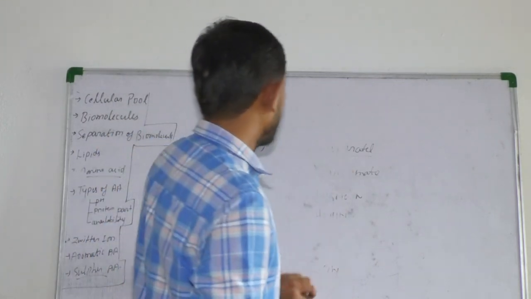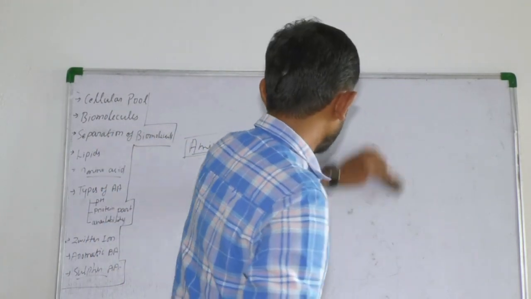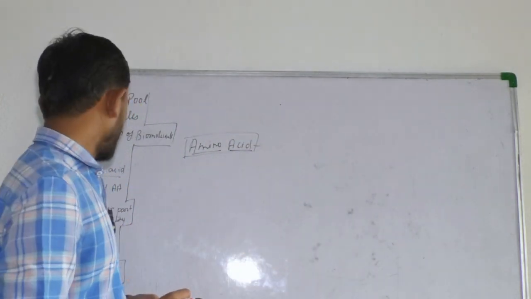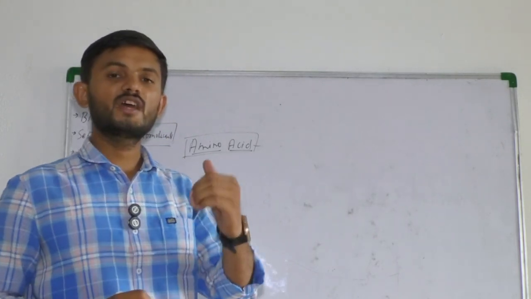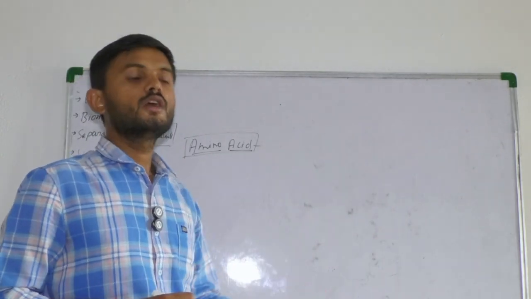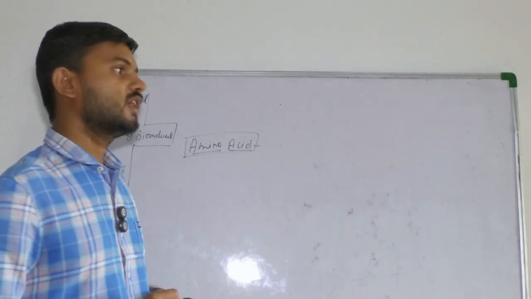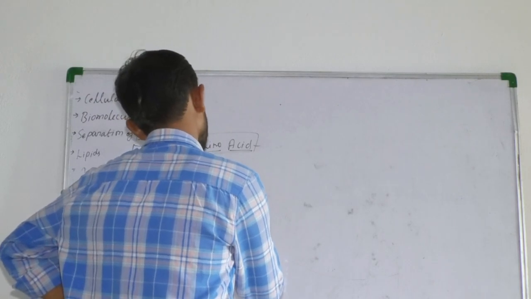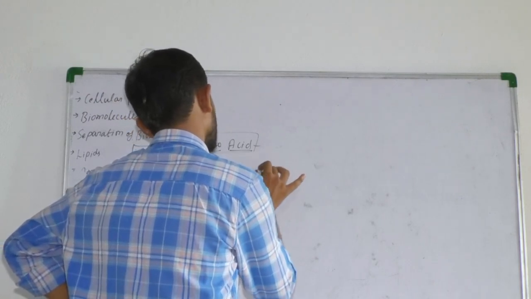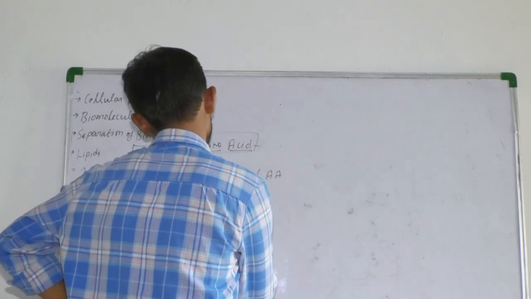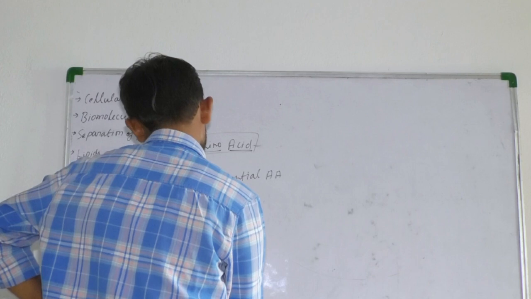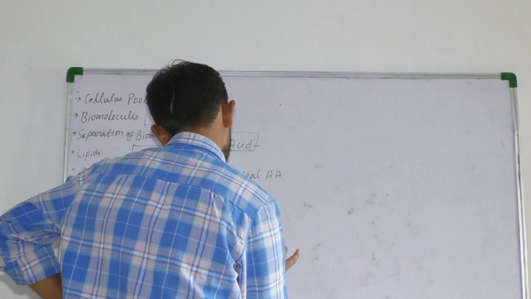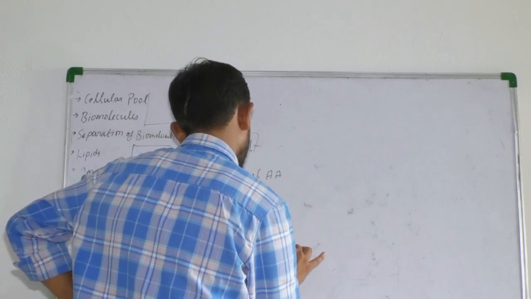Second, we can subdivide amino acids on the basis of their availability inside the body or whether we take them from the diet. So there are 2 types of amino acid. First one is essential amino acid and second one is non-essential amino acid.